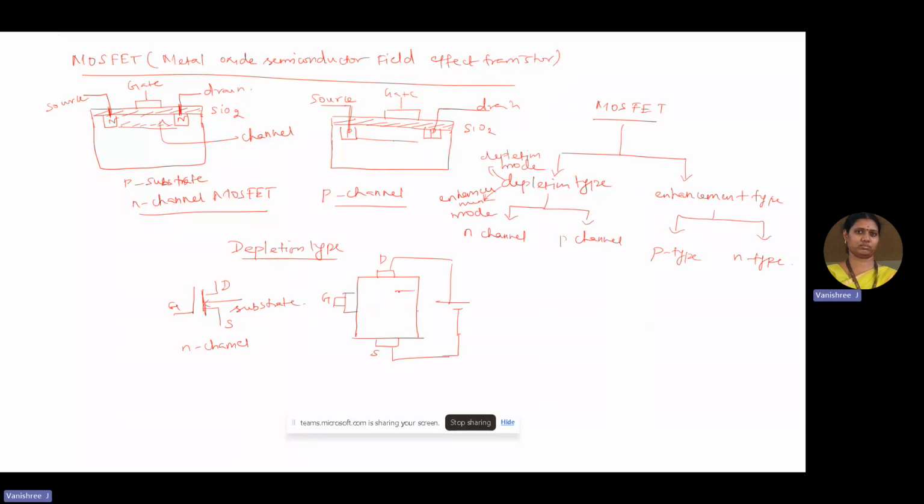Then we have the substrate, which is the P-type substrate. Then we have the gate source voltage, which we take as VGS. And this is the drain source voltage. And now, this is the diagram for an N-channel MOSFET.